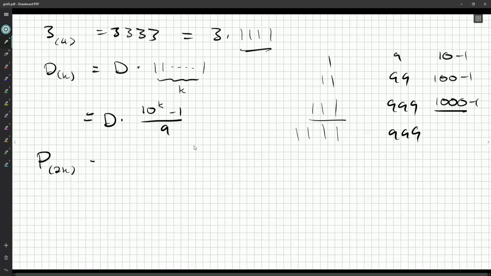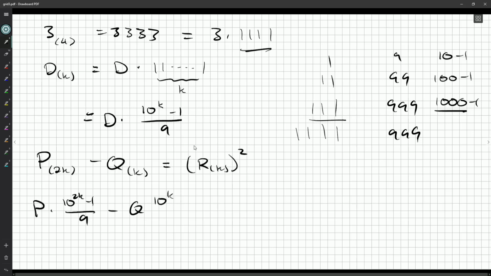And p2k minus qk equals rk squared can now turn into p times 10 to the 2k minus 1 over 9, minus q times 10 to the k minus 1 over 9, and that's equal to r times 10 to the k minus 1 over 9, and that's all squared.